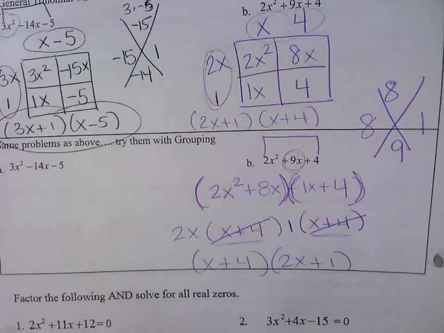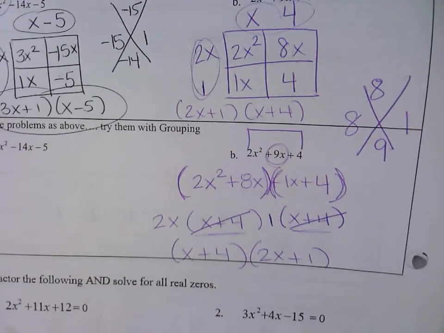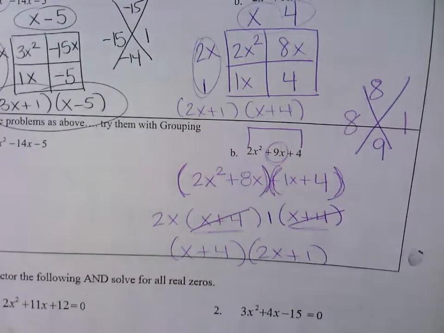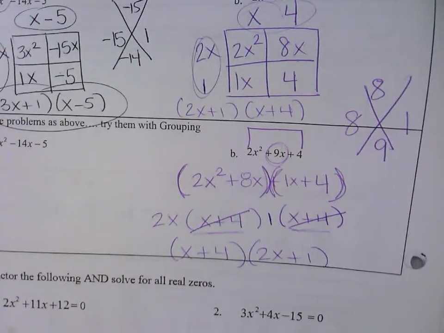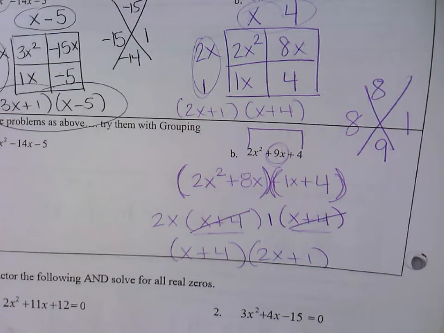And what I had said yesterday, if you don't like either of those methods, if you've got small numbers, so you've got 2x squared, which is prime, plus 9x plus 4, just solve the puzzle in your head, because you know that that has to be 2x times x.